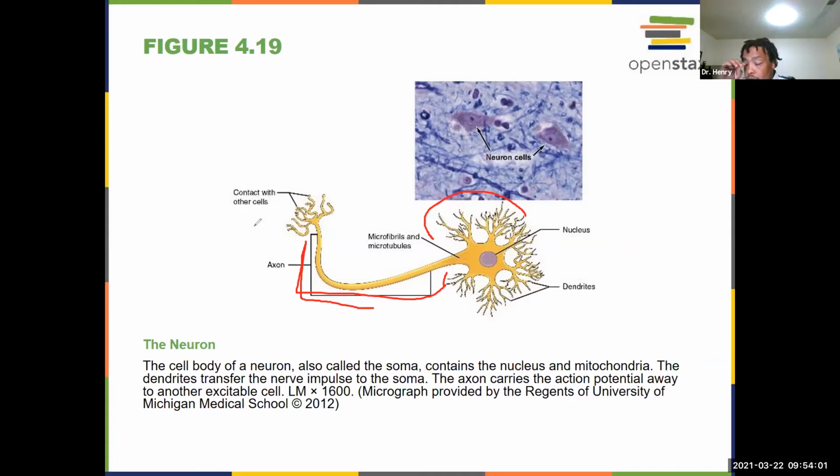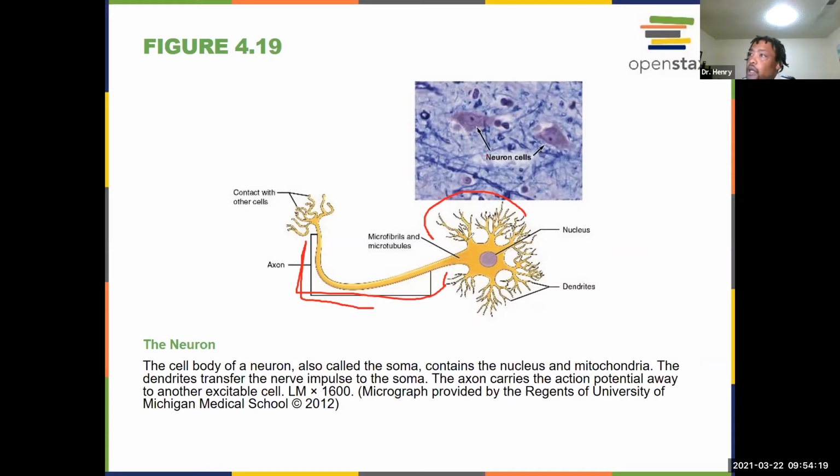And so this guy is going to contact other cells. Your dendrites are also responsible for making contact with cells that are around it. And then, of course, you have your nucleus, which is going to be controlling that process. Okay.